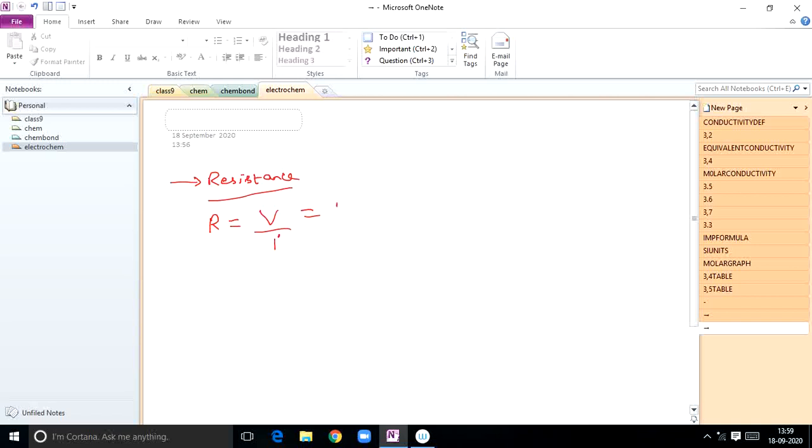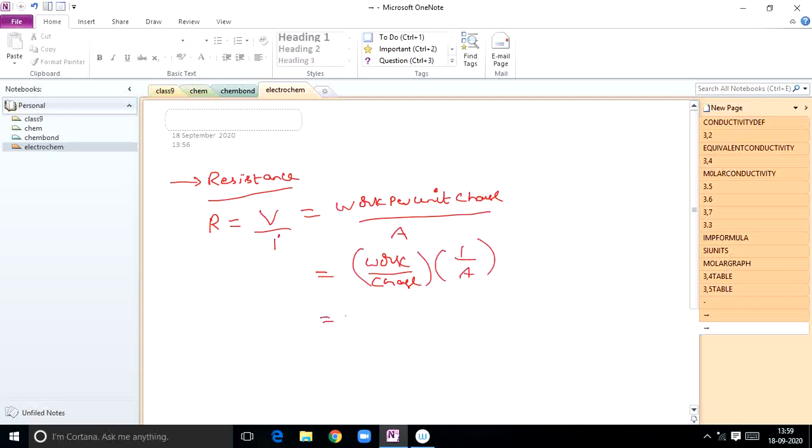Volts, potential you can take it as work per unit charge, divided by A, amperes, units. So work per unit charge can be written as work by charge into 1 by A, right?